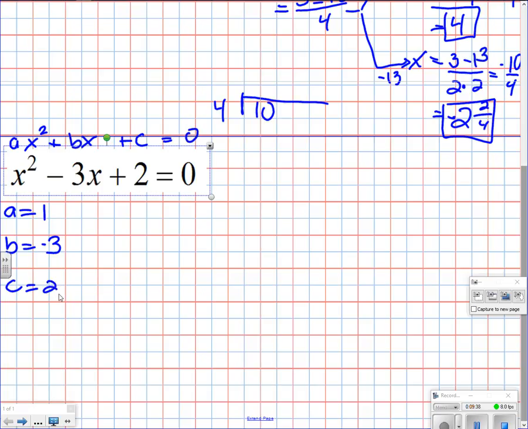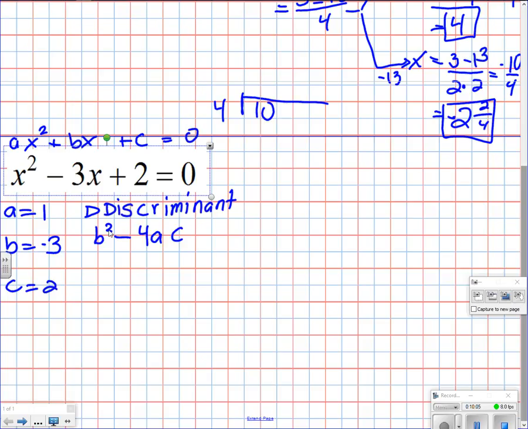Now, step number 3 is calculate the discriminant. The way you find the discriminant is you calculate the following. B squared minus 4ac.